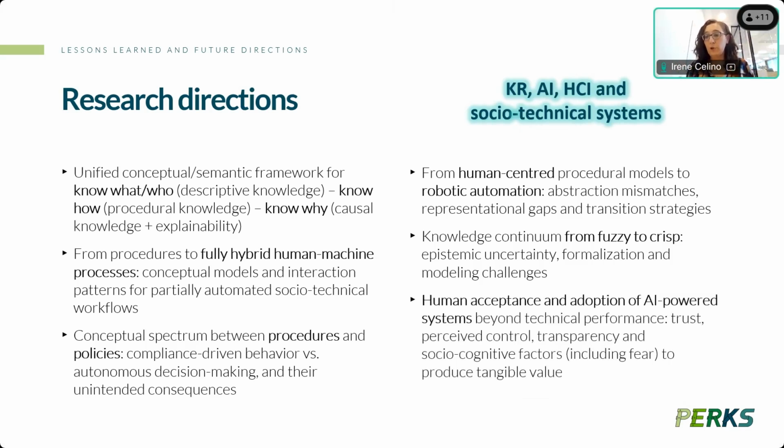And finally, for all those tools powered by AI, powered by knowledge graphs and so on, technical performance is not enough to be evaluated. You have to evaluate the people's perception, the perception of control, the trust, different cognitive factors. For example, we evaluated that people in industry really fear AI substituting them. So this is something that you have to take into account when evaluating it.